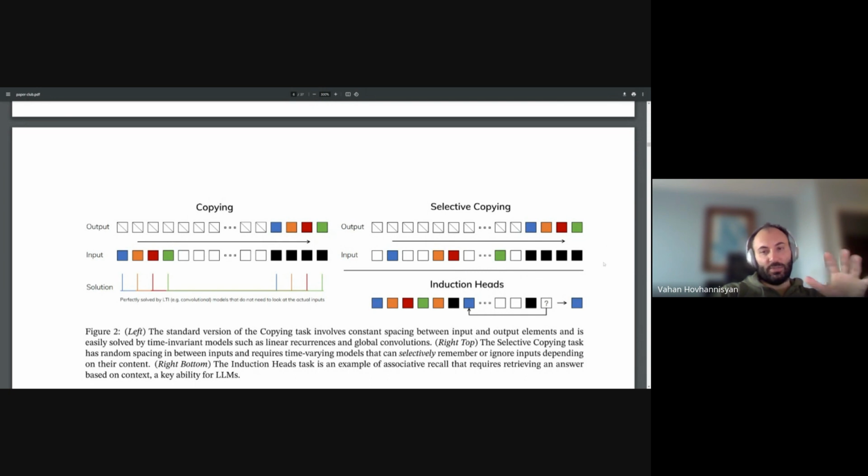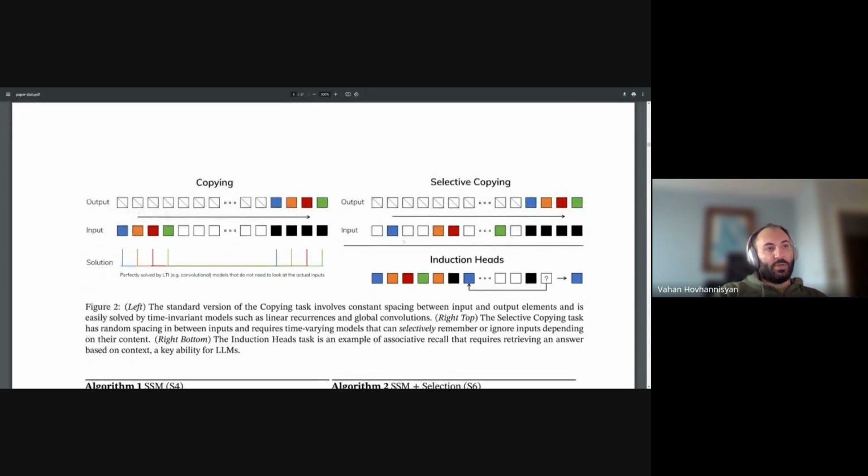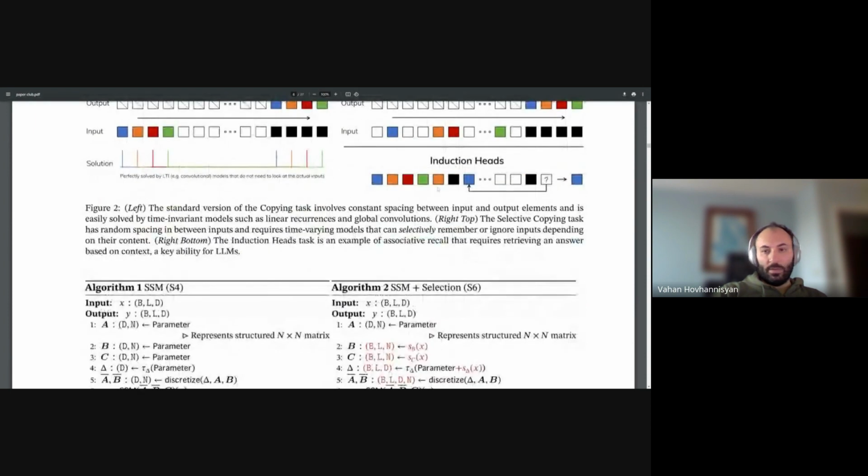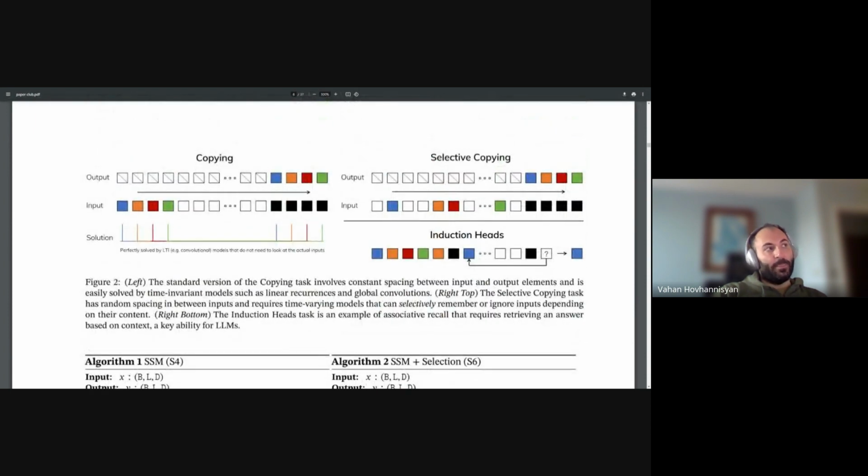That's the whole motivation for why they add the selective abilities. We'll see later in experiments that Mamba solves this selective copying almost perfectly. Everything else can't do that. Transformers can, but the linear state space models can't.